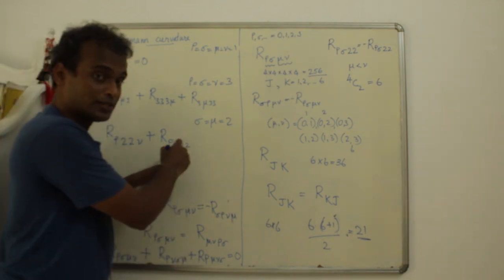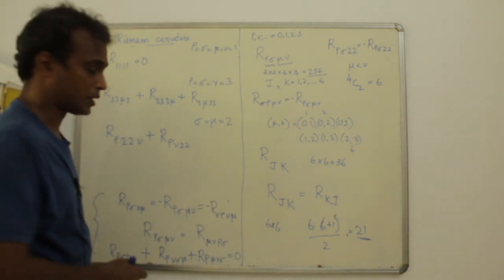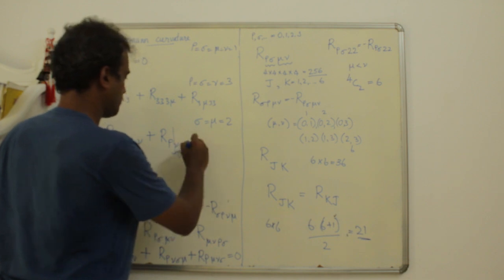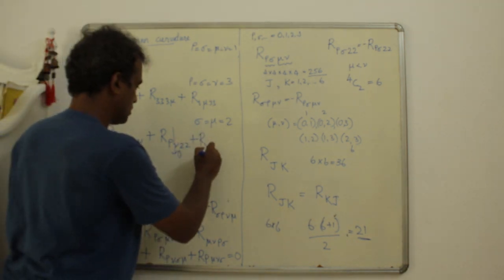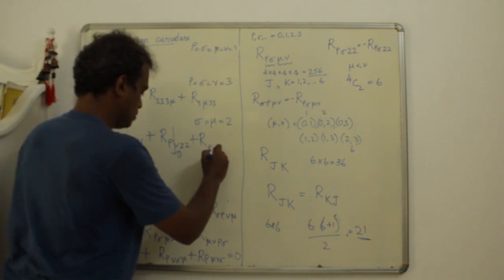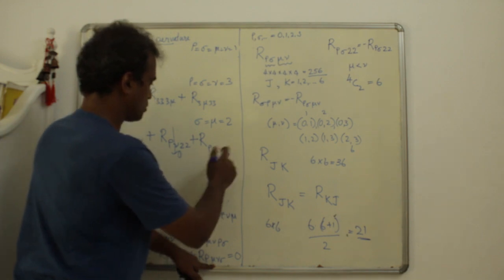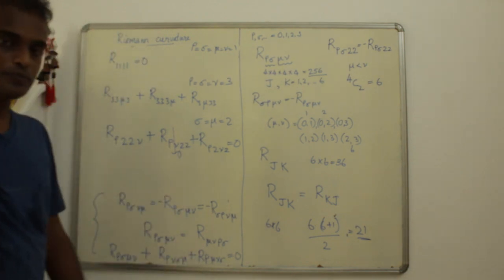However, we know that this term is 0 as per the antisymmetry property of the last 2 indices. So let me set that to 0 already. And the last term is R rho, mu is 2, nu is whatever, and sigma is 2. And all of them must add up to 0.